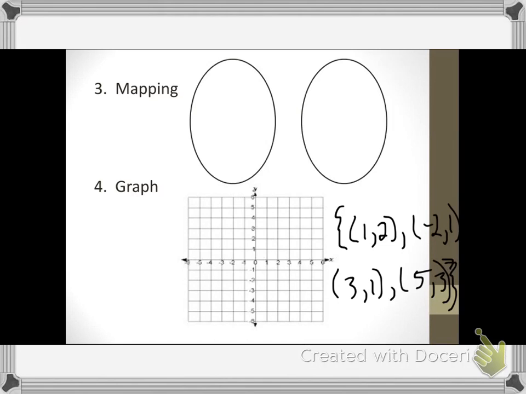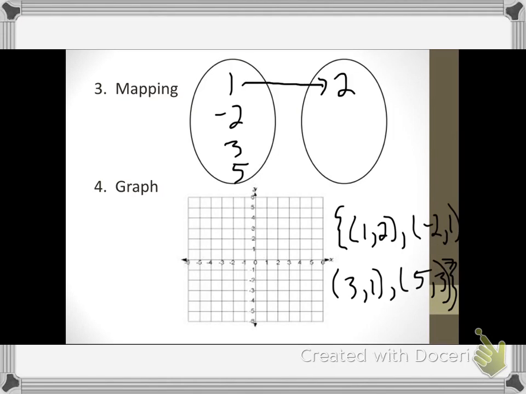So a mapping, I list my x values in that left oval. So I have 1, negative 2, 3, and 5. And then I list the corresponding y values in the right oval. So my first y value is 2. I need to draw an arrow from 1 to 2. We say 1 maps to 2.